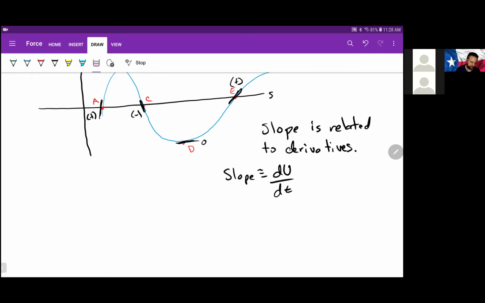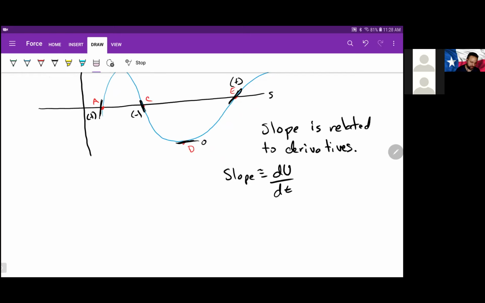If we do an analysis of this, we have dU over ds, where let's say s is actually x, so we'll replace the s with an x. So we're looking at the x position. If I do the units, so that's what these brackets mean, the units of dU is going to be joules. The units of x is going to be meters.